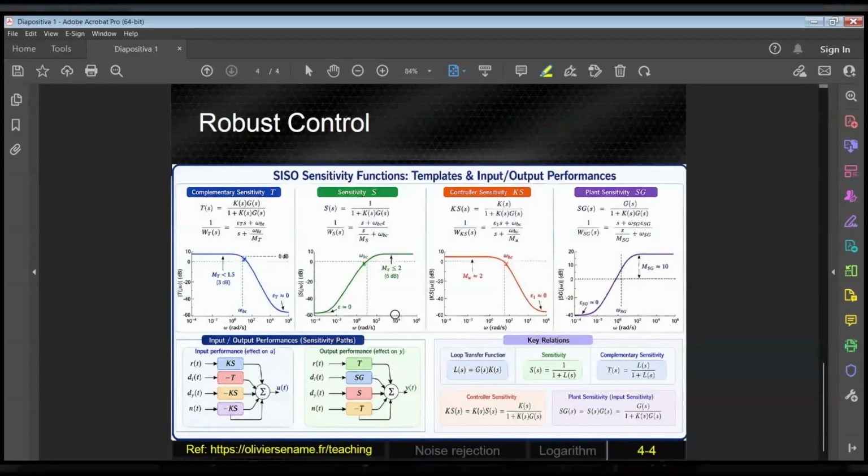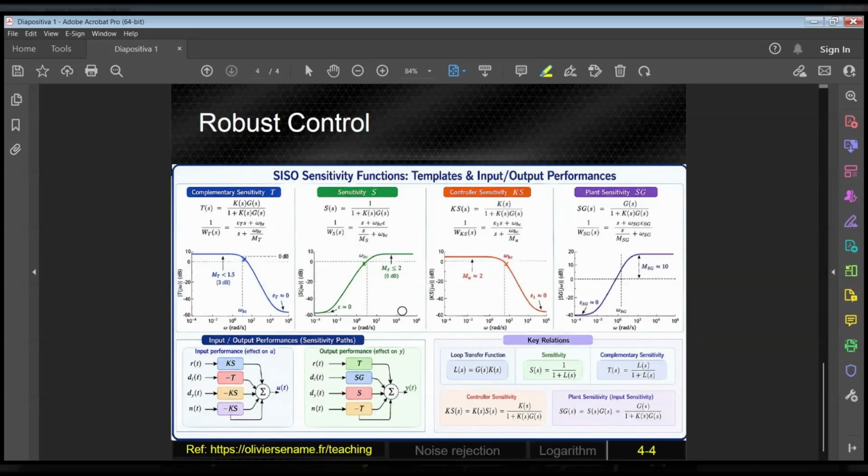Above the bandwidth, we focus mainly on noise rejection and robustness. In general, increasing the bandwidth produces a faster response, but it can reduce robustness. The tracking error should be very small, and a common choice is ε equal to 10 power minus 3. At the same time, we usually require the modulus margin to remain under or equal to 2.